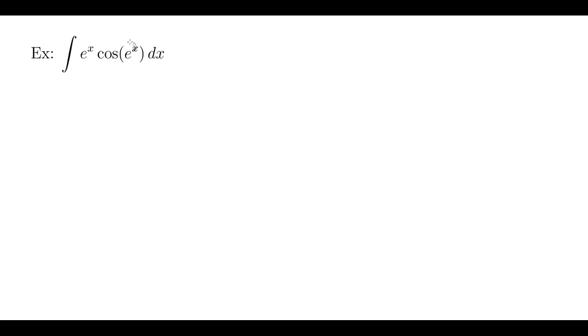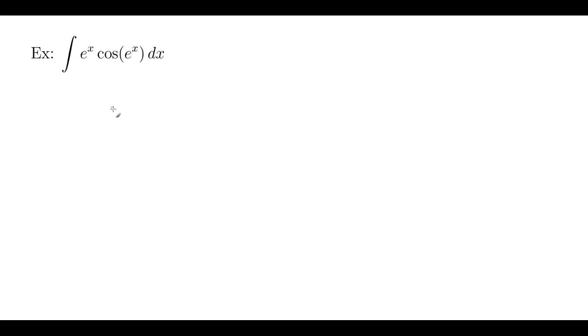Let's think about applying the substitution rule here. As a general rule of thumb, the two main occasions when we want to try substitution are when we have a composition of functions, when we have one function inside of another, as we do here, we have a cosine of an exponential. And in that case, we'll usually try letting the inner function be a variable like u.